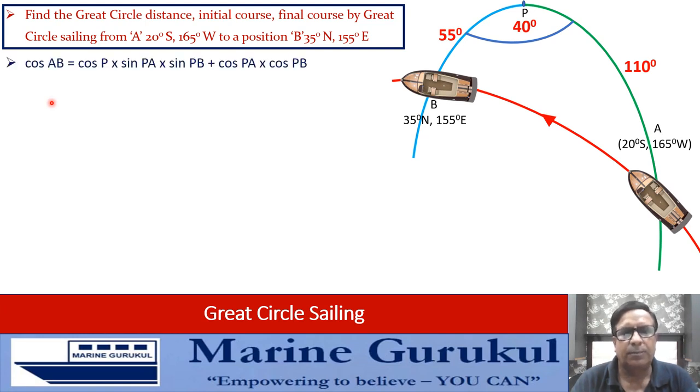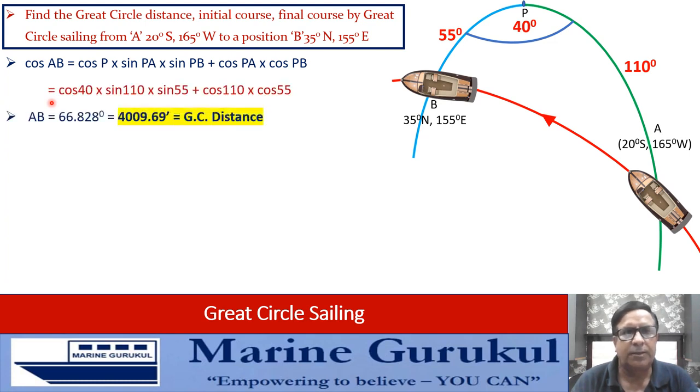We know all the parts on the right hand side. We put their values and we get AB as 66.828 degrees, which translates into 4004.69 minutes. That means great circle distance from A to B is 4009.69 nautical miles.